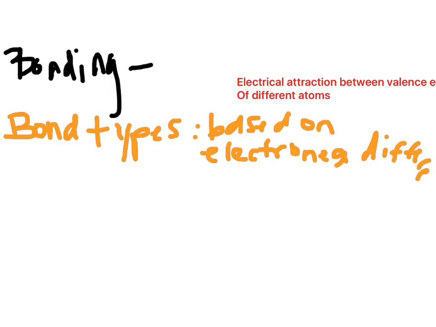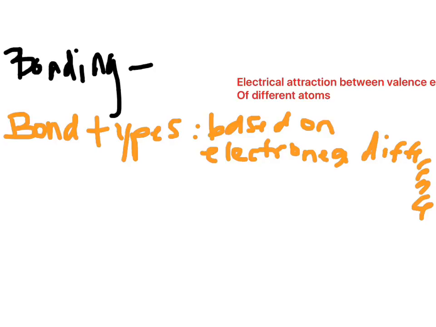That is what bond types are based on. So, what are the different bond types? You have ionic, covalent, and metallic. I don't know if this is going to be on your test, but this was one of the key things that we had to know.